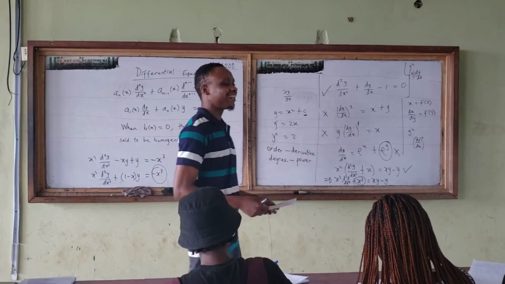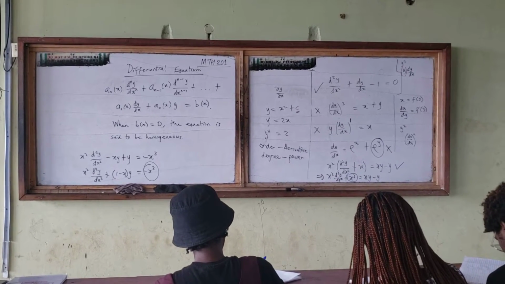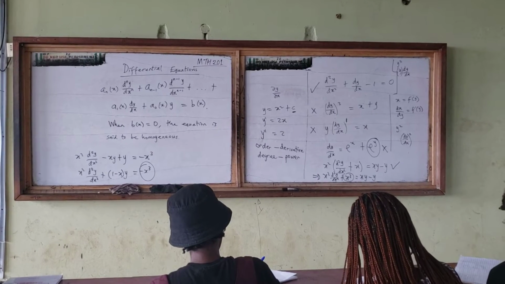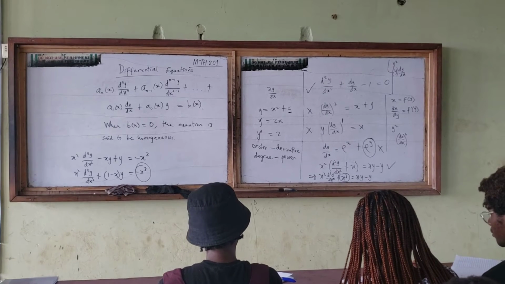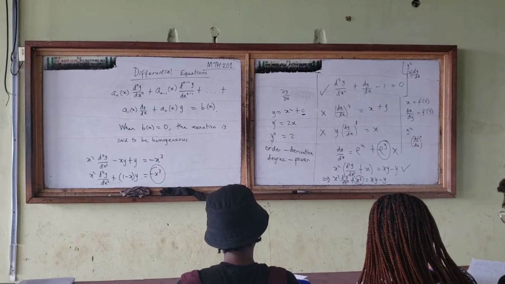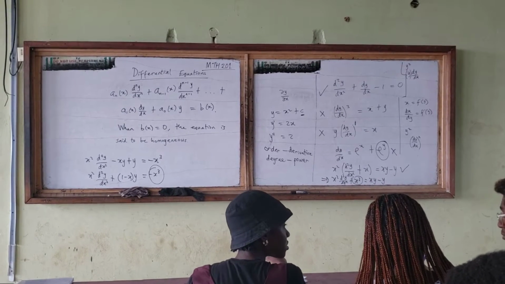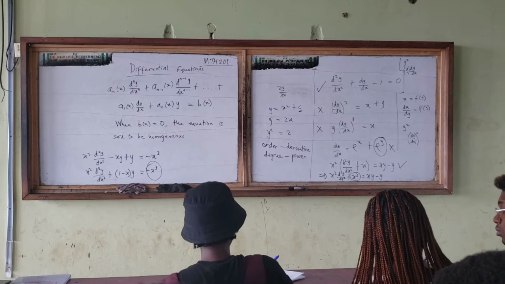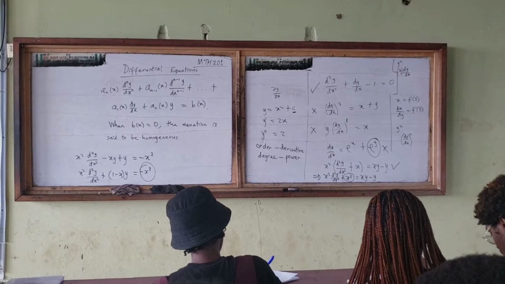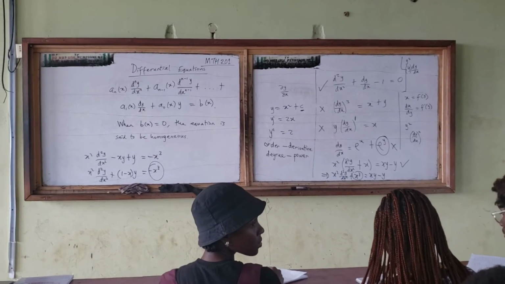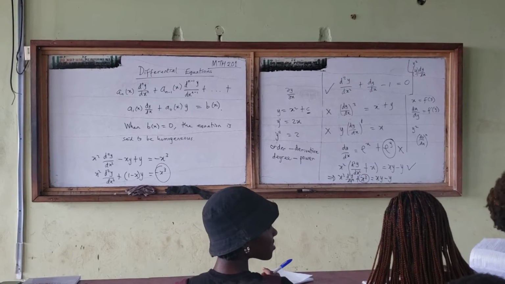How is it homogeneous? Why is it equal to 0? Because you said you should not have any other function. It's just cos x or y cos x, but it's taking cos of xy.